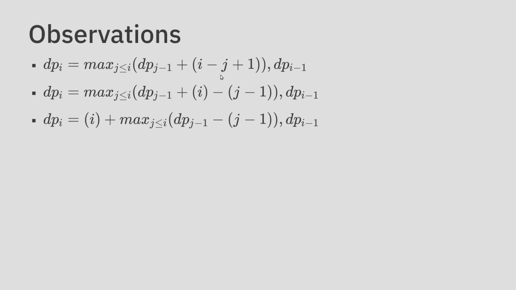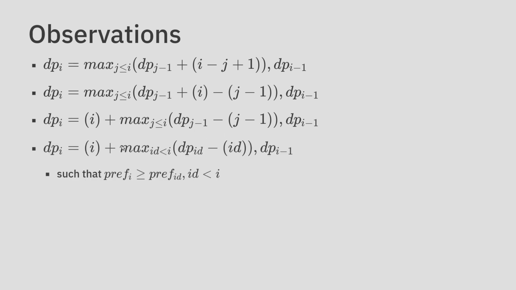We rearranged the length terms, and in the next step we are going to replace j minus 1 by some index id, right? So j minus 1 can be replaced with some index id, and now id will be less than i, because j is less than or equal to i. Now id becomes less than i, and obviously the condition is still present, that prefix of i is greater than or equal to prefix of id. And now we have removed the dependency on j minus 1 and called it a separate index id.